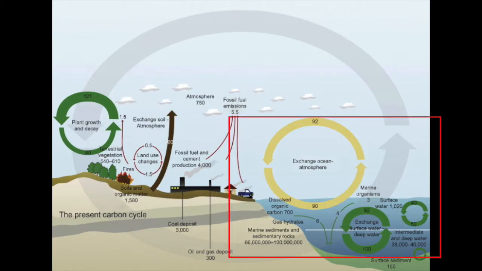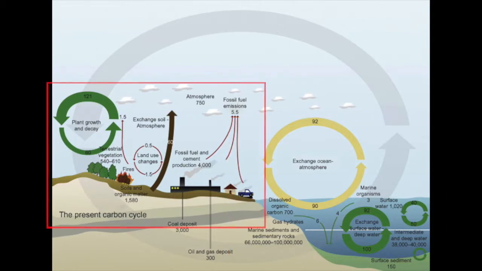In the figure, we can also see three major cycles that occur in the ocean, moving the carbon: the exchange ocean-atmosphere, the exchange surface water-deep water, and the intermediate and deep water cycle, right? And there are some other small, tiny cycles on the surface sediment, and all the ones in the ocean we're going to discuss in detail.